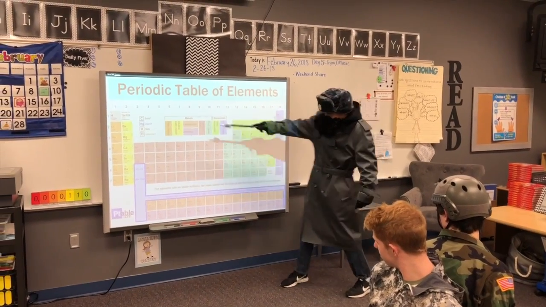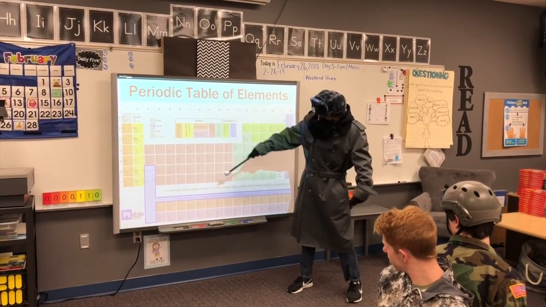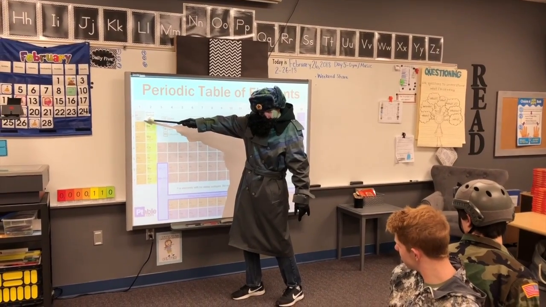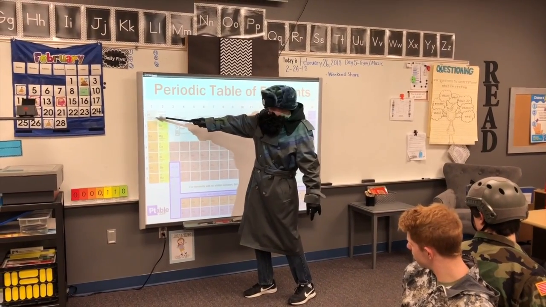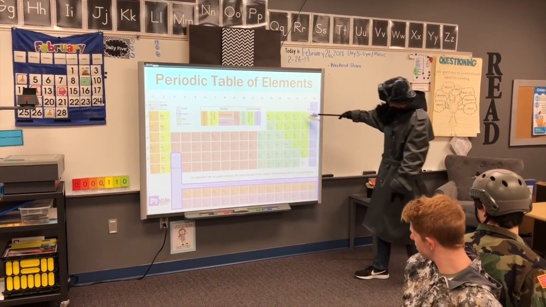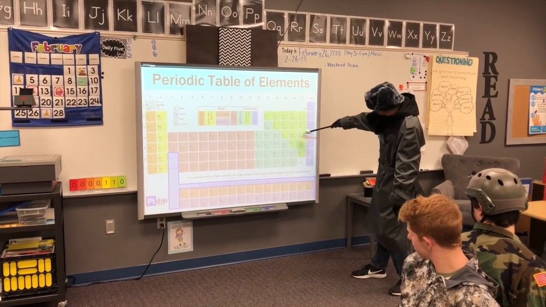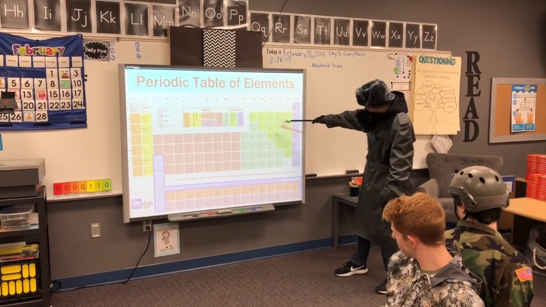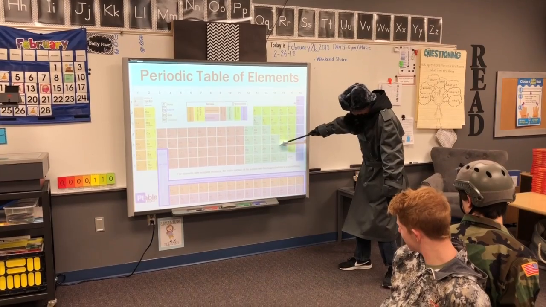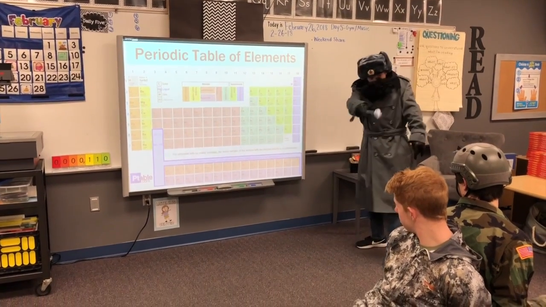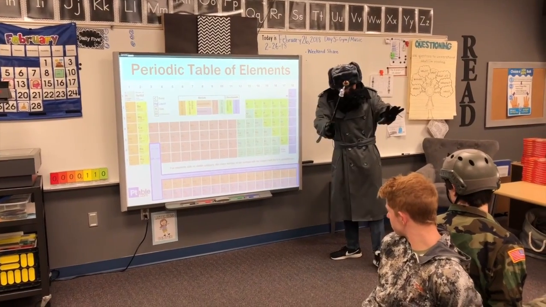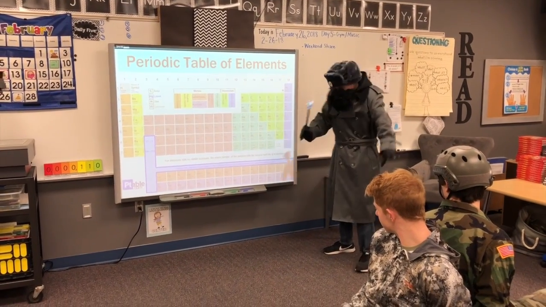First, we have the metals. Everything on this side of the table is metal, except hydrogen. That little bugger's over here, but it's a non-metal. Everything on this side is non-metals. There's a little stair-steppy line that separates the metals and the non-metals. Now, there are some strange elements in between.